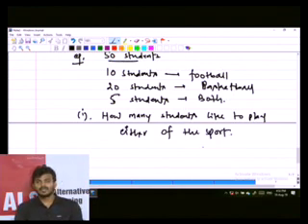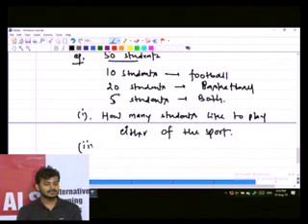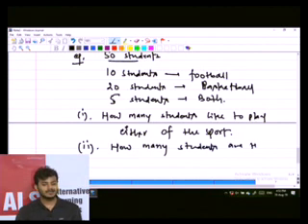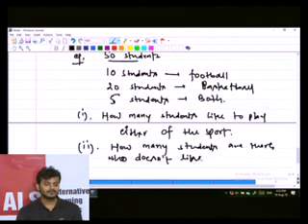It can be football, it can be basketball. You have to find the answer in this language kind of thing, right? Second is, how many students are there who don't like any of the sports.